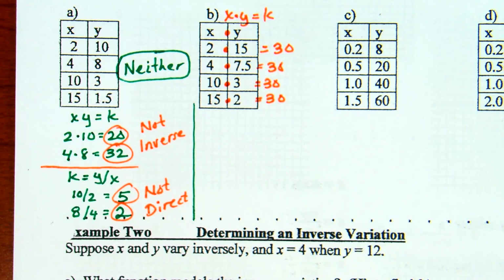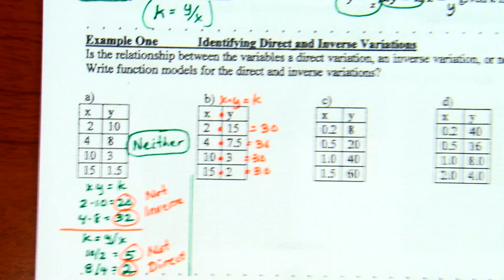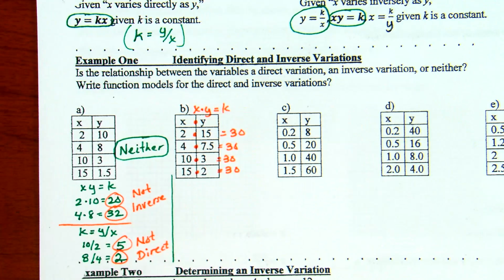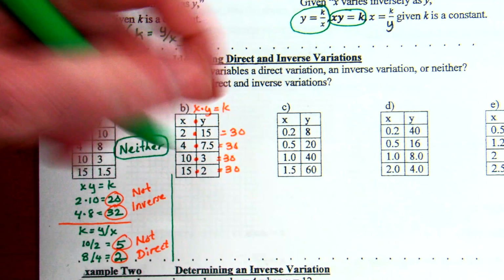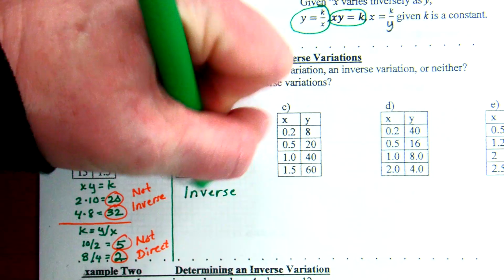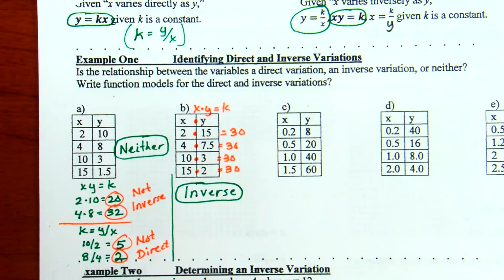Because x times y just always multiplied to be the same number, is this direct or inverse? Yeah, where was the equation up above, xy equals k? Under inverse, right? So because x times y equals k, we know for sure that this is an inverse relationship.